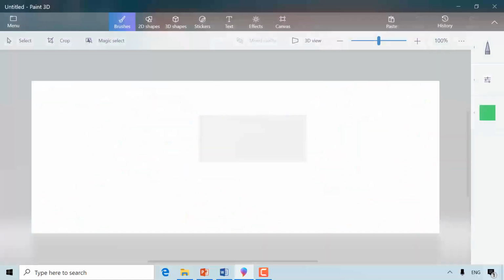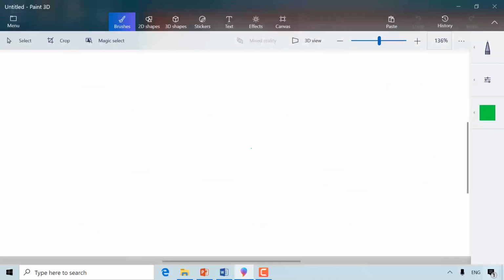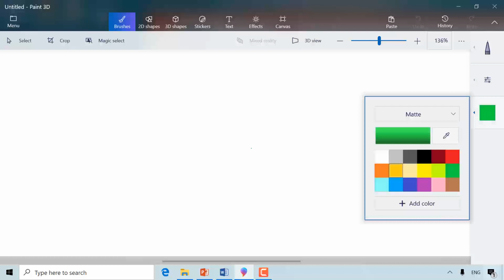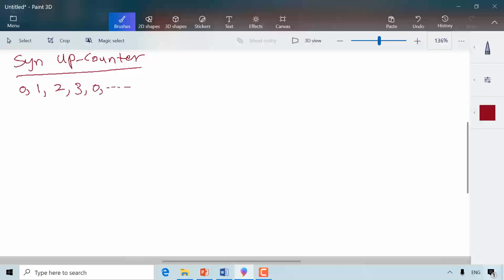Okay, so let's first discuss the design of a synchronous up counter. Let's assume that we want to design this sequence 0, 1, 2, 3, then 0, 1, 2, and the sequence repeats.